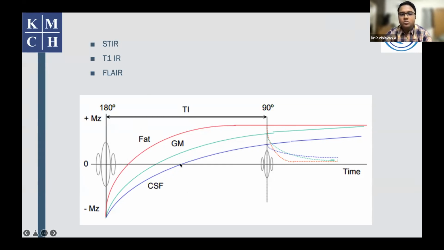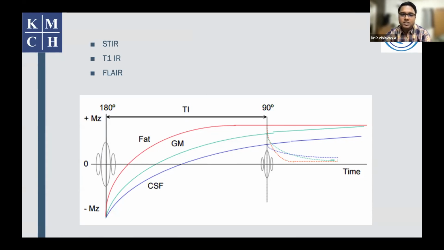Similarly, if you do a spin echo sequence at exactly the point where the protons in water molecules are crossing the 0 threshold and going into the plus direction of the Z magnetization, at this point the magnetization of the protons in water is 0, so they will not be influenced by the 90-degree RF pulse that is being applied.